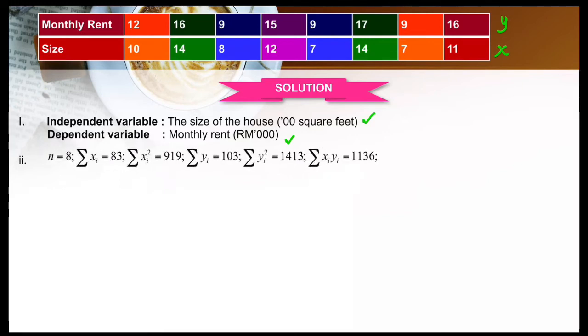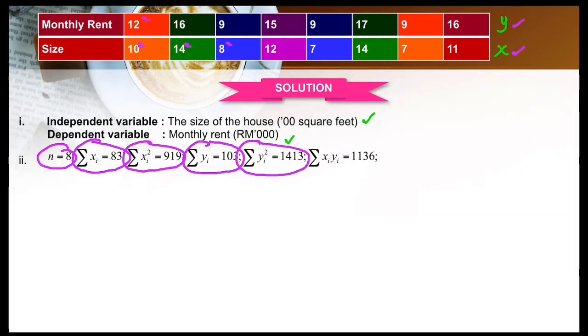Okay, we have the sample size N equals 8, and then summation of X, this one, 83, summation of x square, you square each of these and then you sum it up, you will get 919, and then summation of y, this one, and then summation of y square, when you square all the y up until this one, and summation of xy, you multiply and add, right?